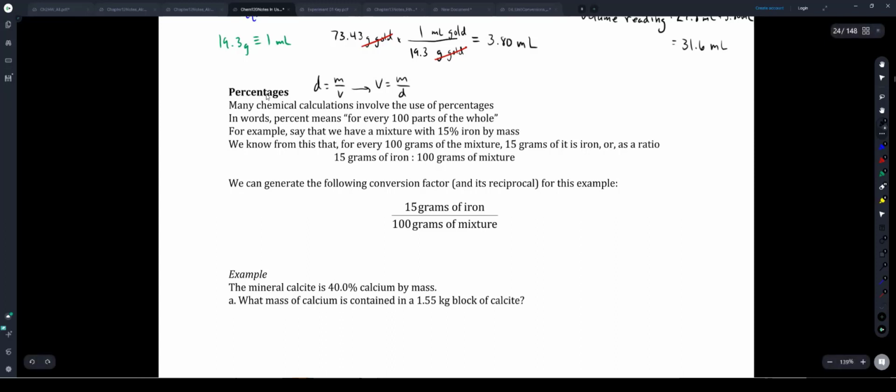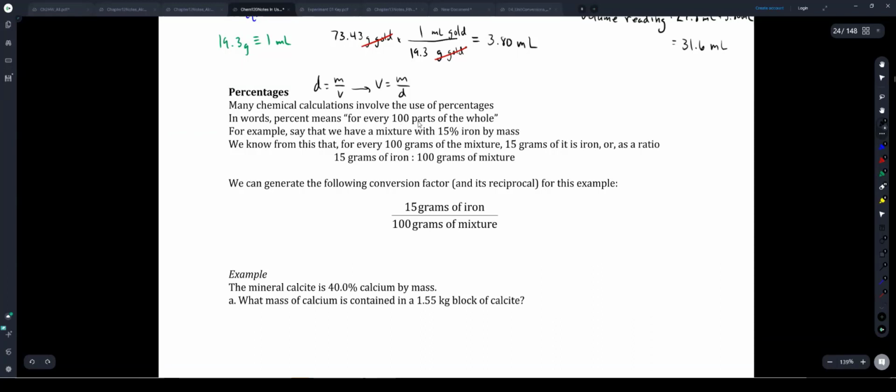Cent means 100, like century, 100 years. So percent means for every 100. And specifically, when you say the percent of something, it means the amount of the part for every 100 parts of the whole.